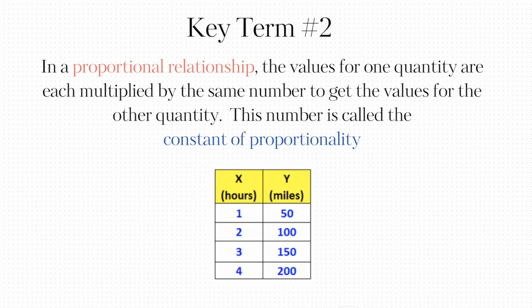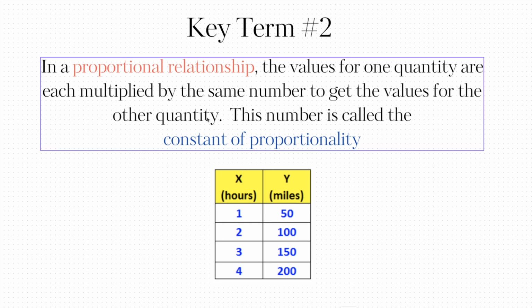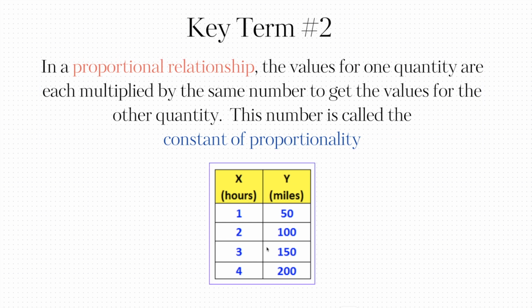Finally, there's one more term you need to know. In a proportional relationship, the values for one quantity are each multiplied by the same number to get the values for the other quantity. This number is called the constant of proportionality. So let me show you what I'm talking about. Here's another table. This column shows the number of hours, and this column shows the number of miles traveled in a car.